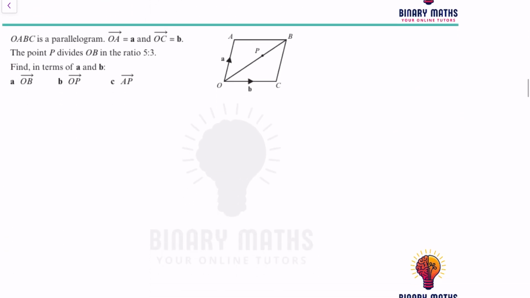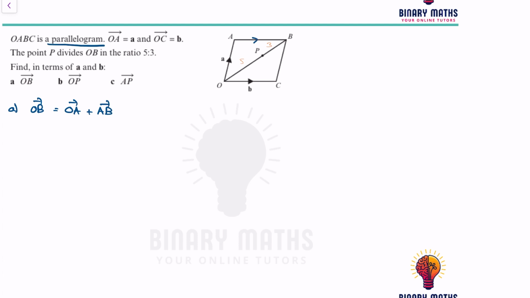The next question, OABC is a parallelogram. O to A is equal to A and O to C is equal to B. The point P divides O to B in the ratio 5 to 3. Find in terms of A and B, first O to B. So O to B is equal to O to A plus A to B. Now the important thing here is this is a parallelogram.